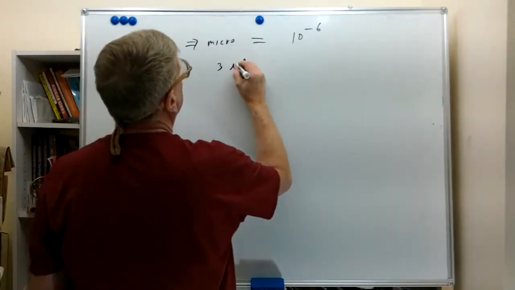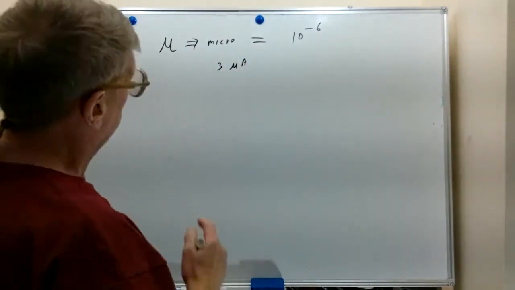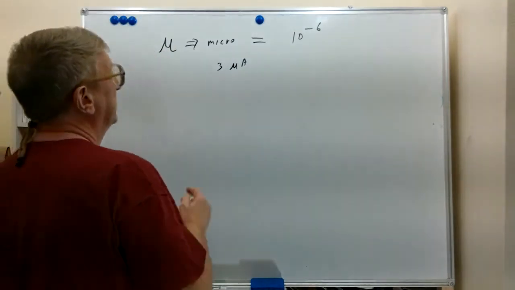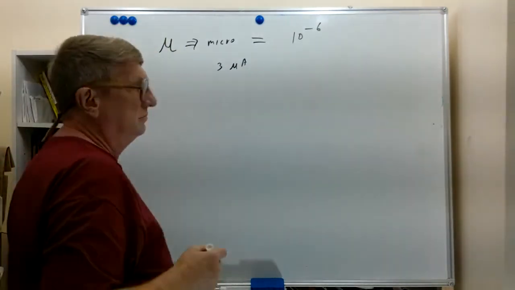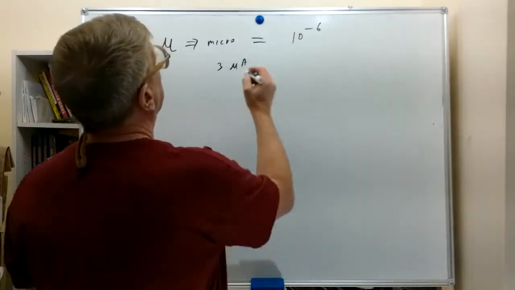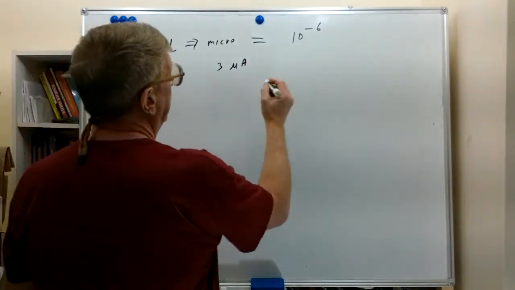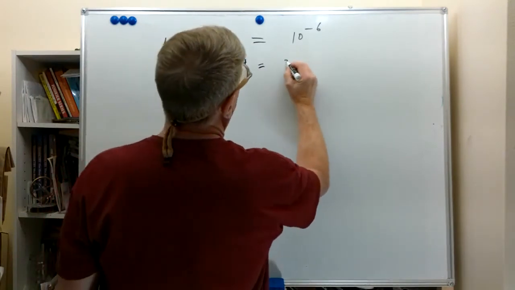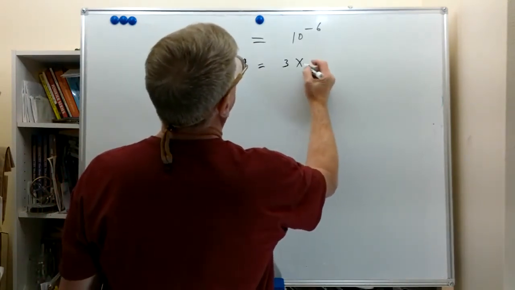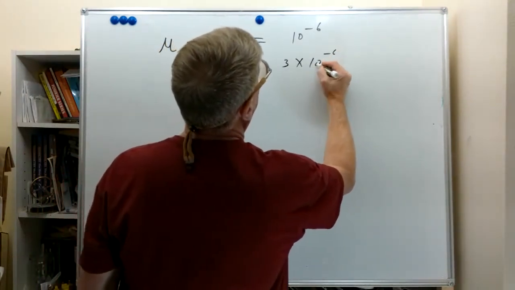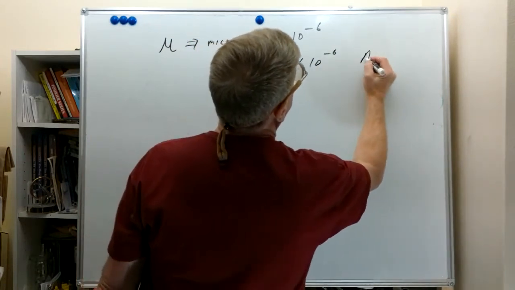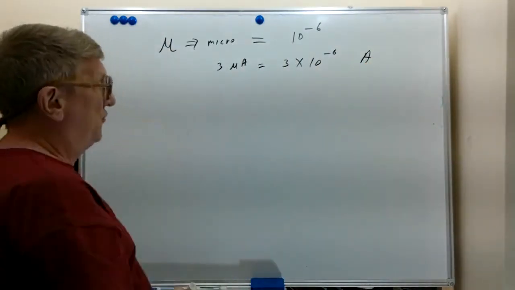Use the proper symbol, mu, the small lowercase Greek letter mu, I believe is what it's called. So 3 microamps would be equal to 3 times 10 to the minus sixth amperes.